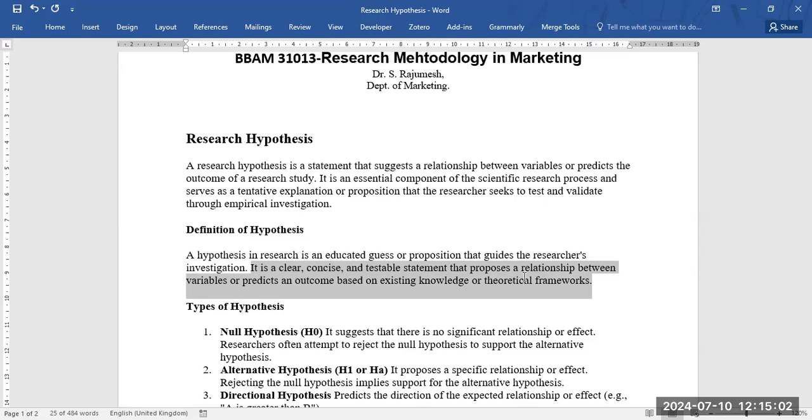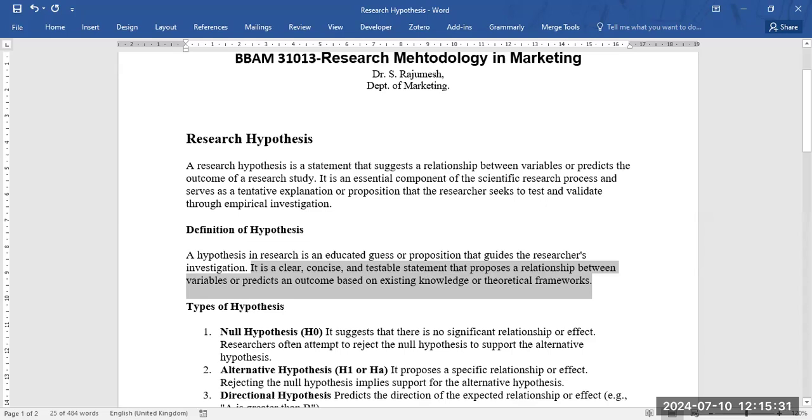Previously we discussed the literature in detail. Now you can understand how hypotheses are formulated based on existing knowledge. Researchers try to predict something, guess something, and try to find some relations between the variables based on the existing knowledge.